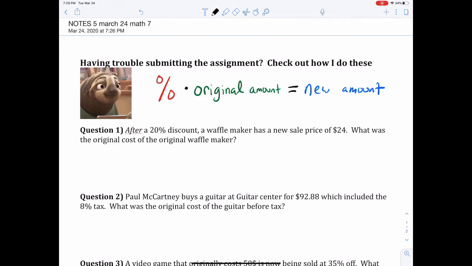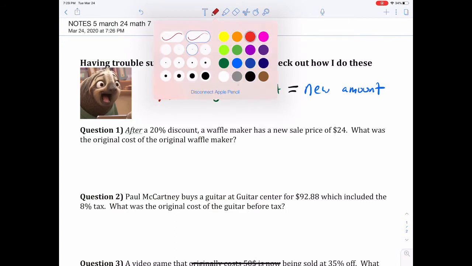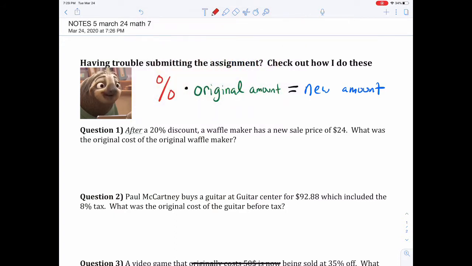So number 1, it says, after a 20% discount, a waffle maker has a new sale price of $24. What was the original cost of the original waffle maker? So it was on sale for 20%, and now it costs $24, and we're trying to figure out what must it have cost before the 20% discount.